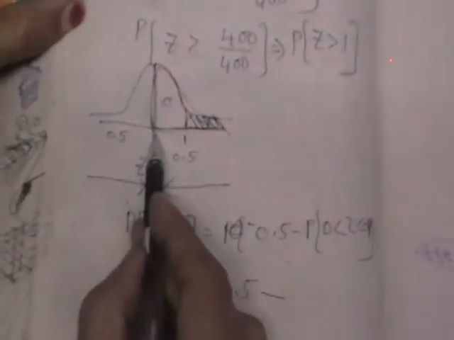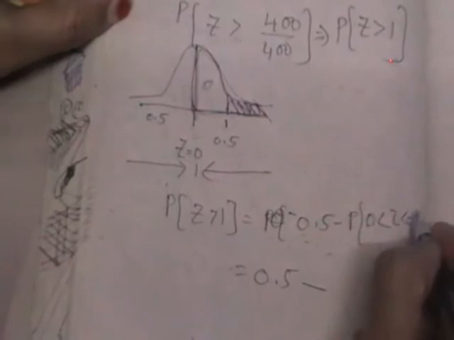You need to find the value of z greater than 1. For that, from the entire right tail part you subtract this part, then you will get this, meaning the entire 0.5 minus the probability of 0 less than z less than 1.